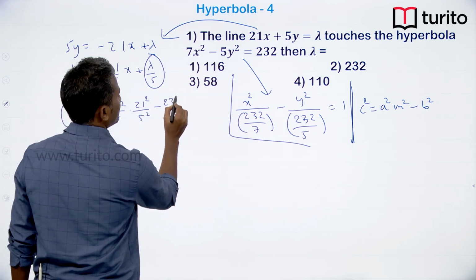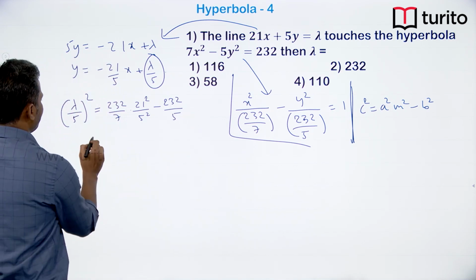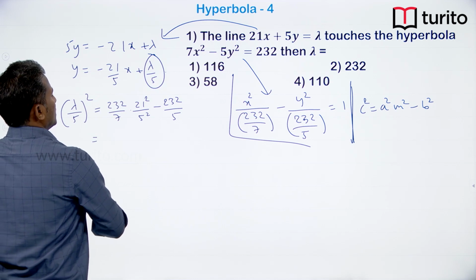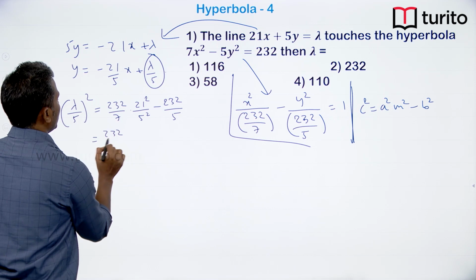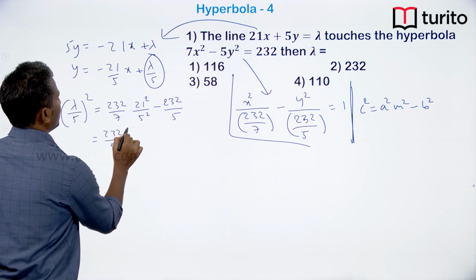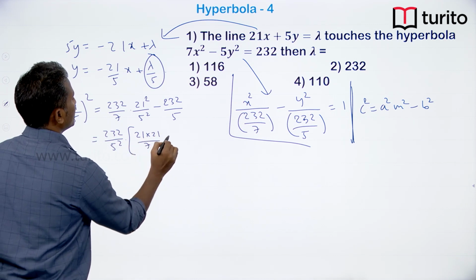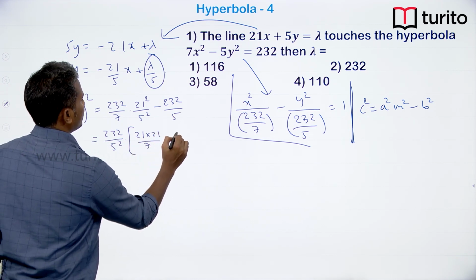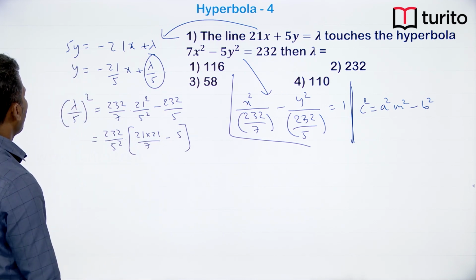It is 232 by 5. Now, let me just simplify here. So, I can take 232 by 5 square common, then what do we get? 21 into 21 by 7 minus 5, this is what we get here, right.